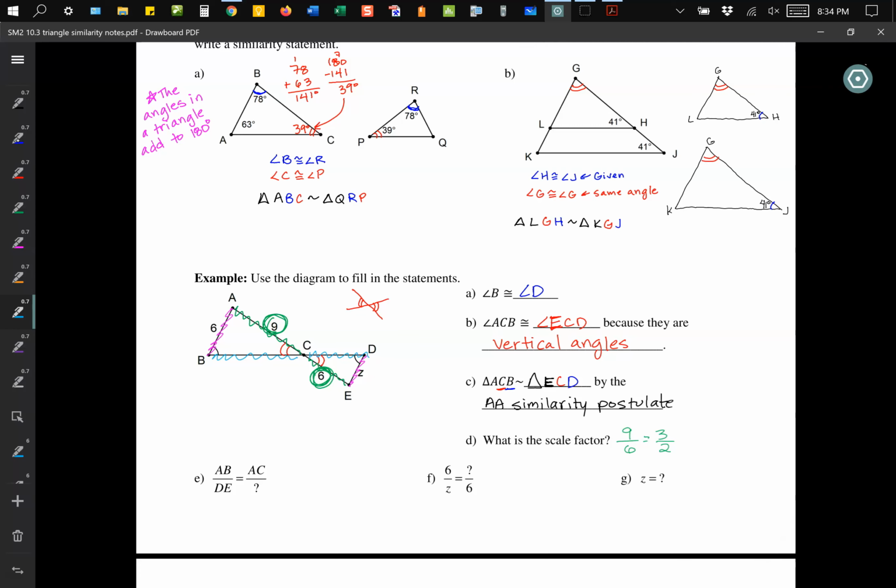All right, AB over DE. Those are my pink ones. AB over DE equals AC over question mark. So which side matches AC? Well, CE does.